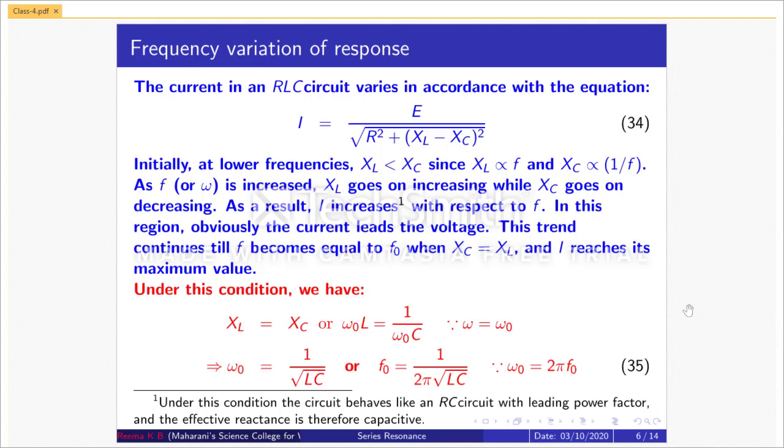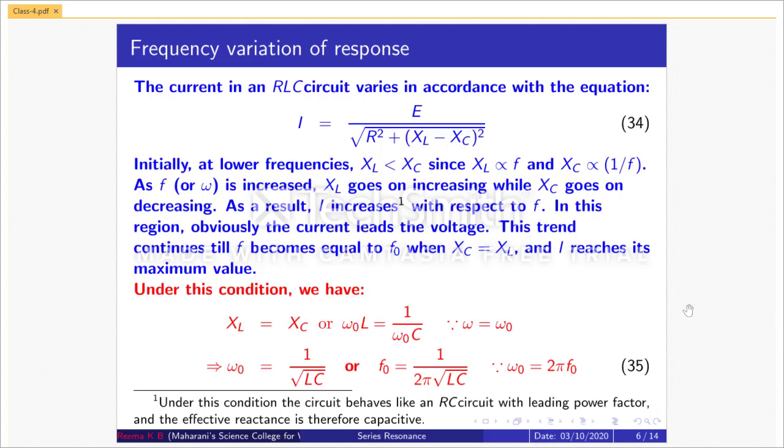Initially, at lower frequencies, XL is less than XC, since XL is directly proportional to frequency F, and XC is directly proportional to 1 over F. As F is increased, XL goes on increasing while XC goes on decreasing. As a result, I increases with respect to the frequency F. In this region, obviously the current leads the voltage.